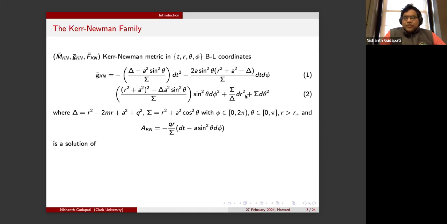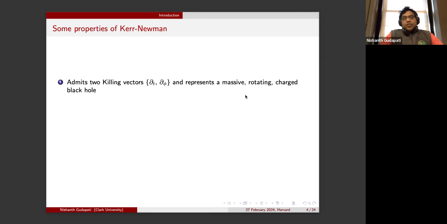One thing that I want you to observe is that in these coordinates, in the Boyer-Lindquist coordinates, it has non-vanishing shift, and that has some implications for the discussion that will come later. So it's a solution of the Einstein-Maxwell equations, of course. Another observation is that it's a so-called stationary solution.